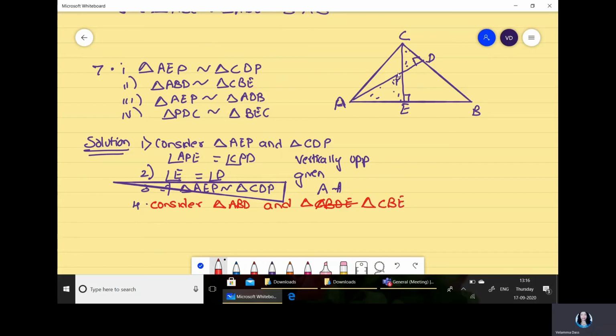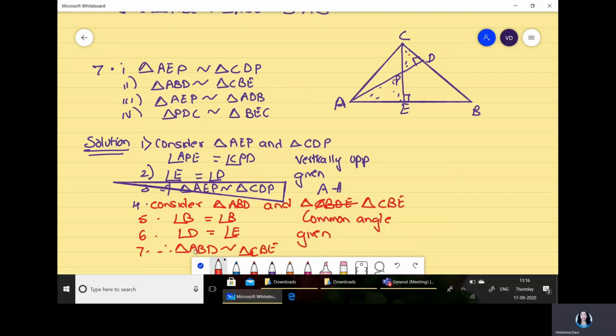Angle B equals angle B, that is the common angle. And we also know the 90 degrees again, the perpendicular: in triangle ABD, D is 90 degrees, and in the small triangle CBE, E is 90 degrees. So again, given. Therefore triangle ABD is similar to triangle CBE.